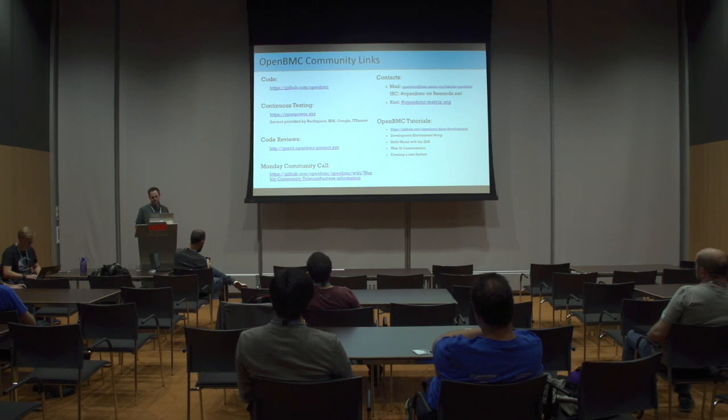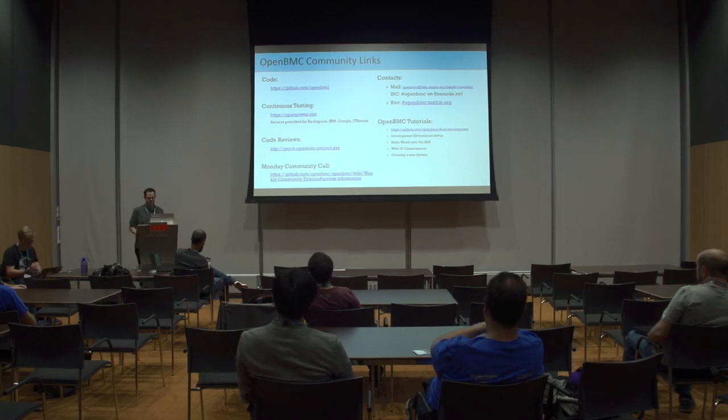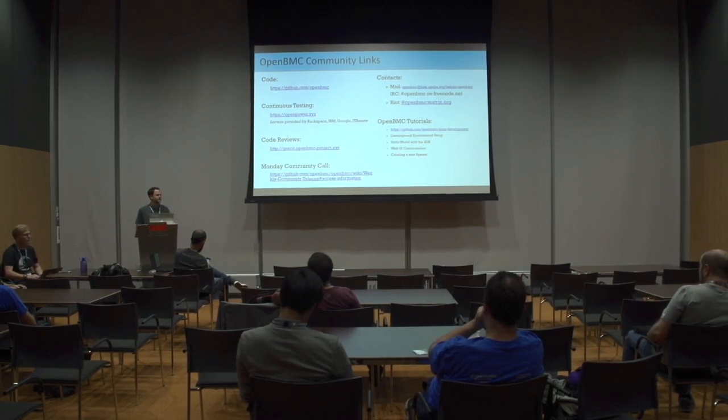OpenBMC has probably 50 or so different repositories that are different pieces of OpenBMC function. And we've got a good collection of maintainers, so it's not just one maintainer. There's probably 15 to 20 different maintainers for the different projects. So wherever you're putting that code, it goes through that process, and then once it's merged, it goes out to GitHub as the master repo.